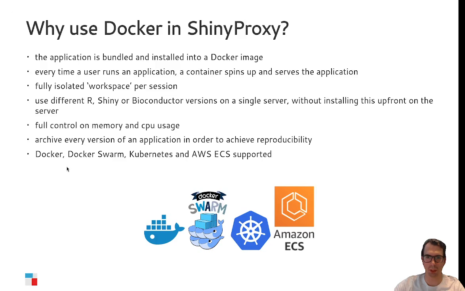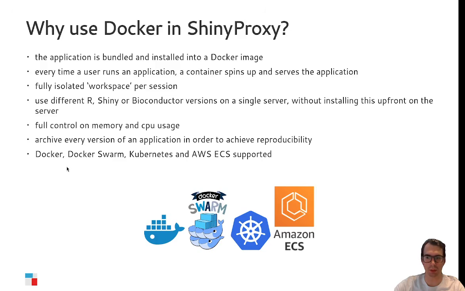So why do we use Docker in ShinyProxy? It has many advantages. For example, the application is bundled and installed into a Docker image, and every time a user runs an application, a new container is spun up and serves the application. So this gives a fully isolated workspace per user or per session, and it allows you to use a different R, Shiny or Bioconductor version, or even any library for each application and combine it on a single server without installing this upfront on the server.